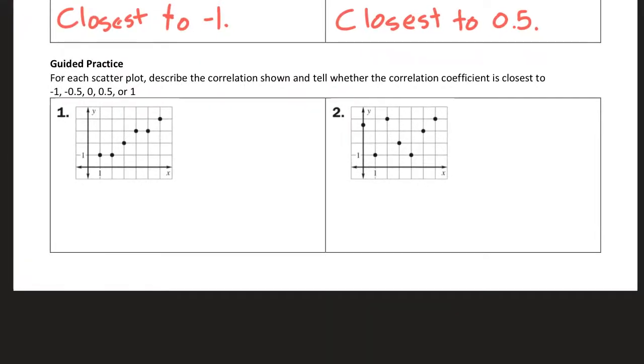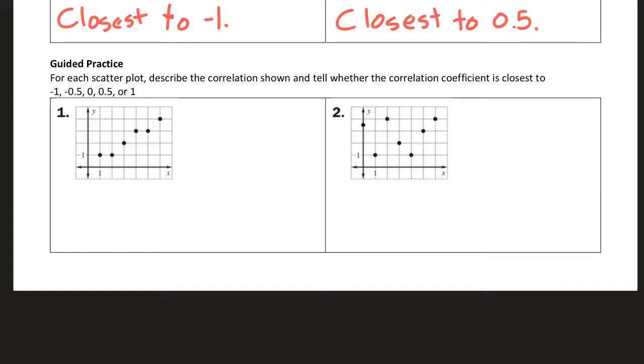As for the guided practice here, take a few seconds. If you're good at seeing positive correlation, just think weak or strong. If it really follows a line fairly closely, say it's closer to 1 or -1.